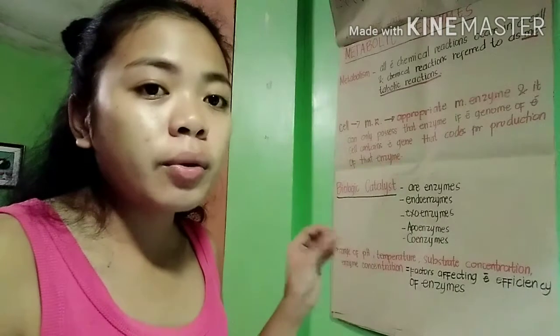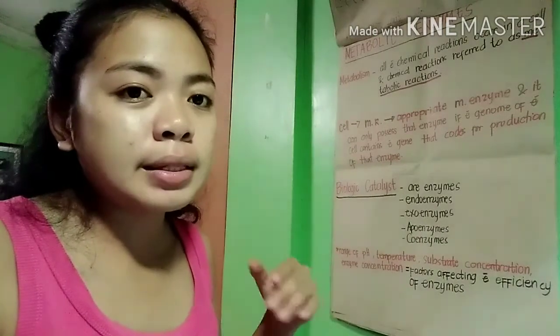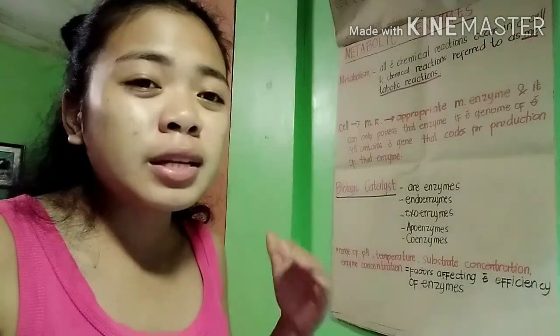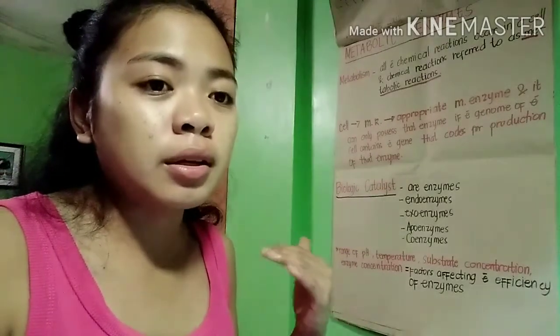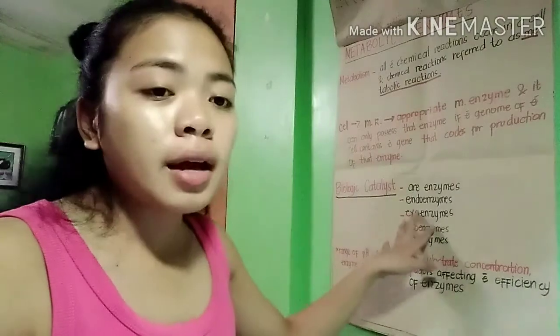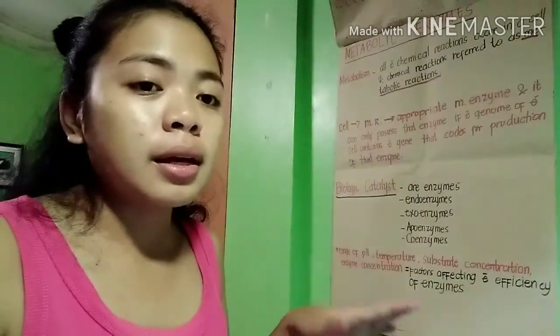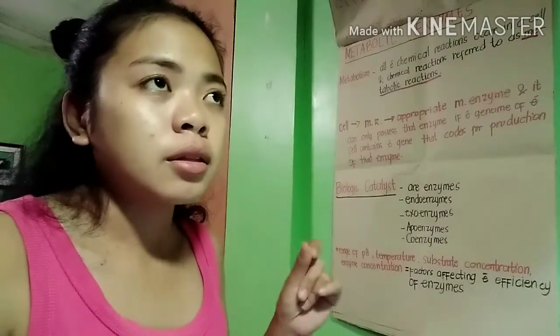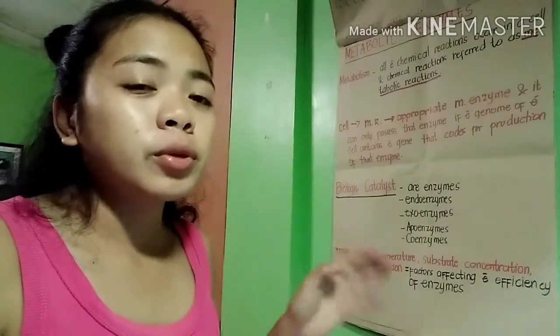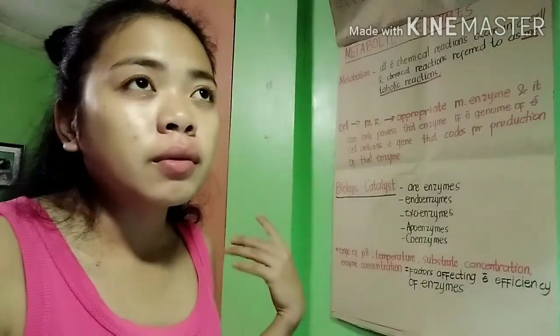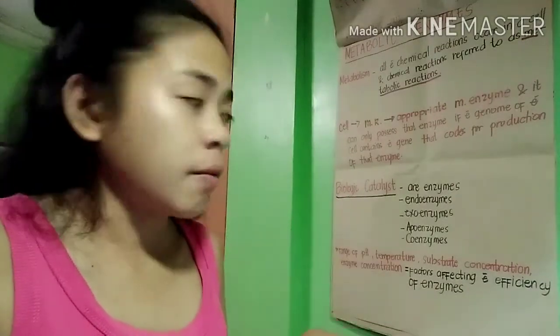Endo means inside, so these are enzymes produced within cells and function within cells. While exoenzymes, from the word itself, exo means on the outside, are produced in the cells, but later on go out for their specific function.